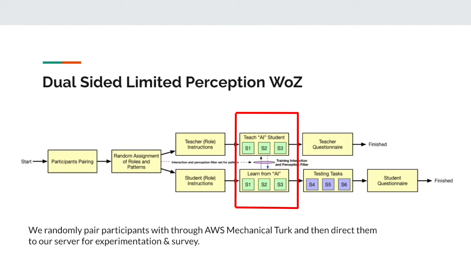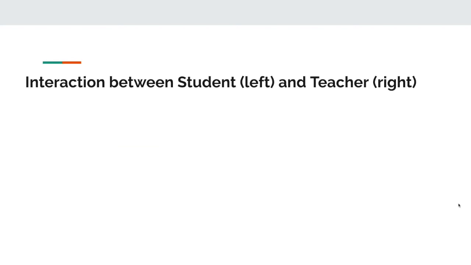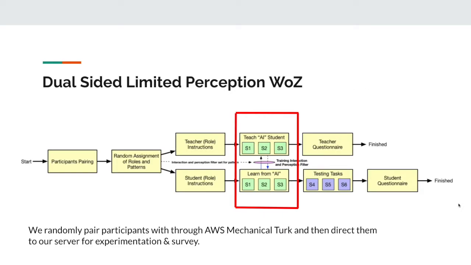The idea behind this interaction is that in our particular experiment, we had different types of interactions. As an example, for patterns specifically, we had the reward pattern where the student would move, and the teacher had to approve or disapprove it. We had the demonstration pattern where the teacher would demonstrate a task, and the student was tested on that specific task.